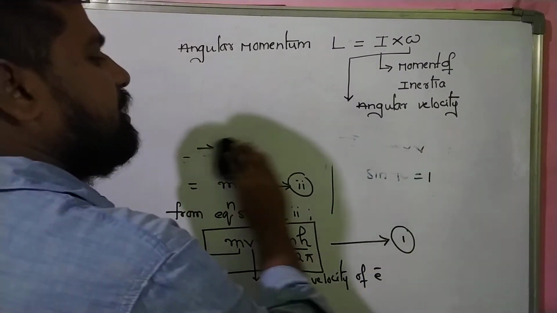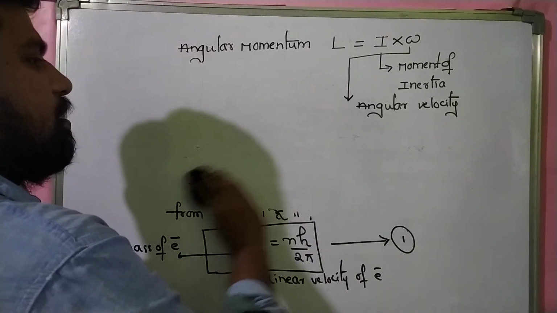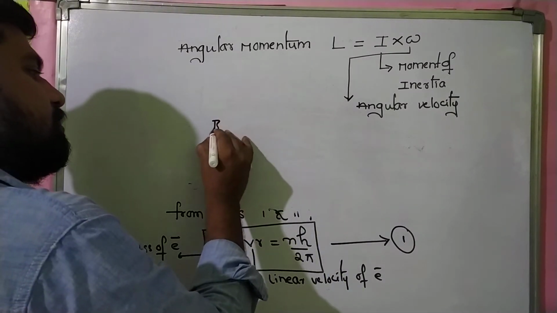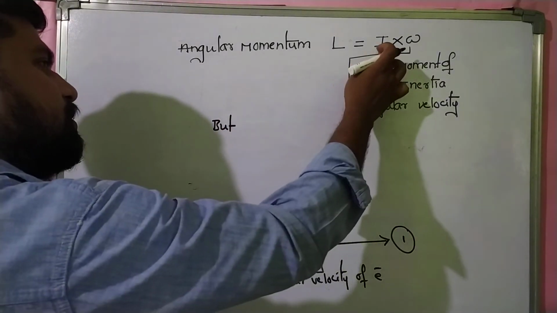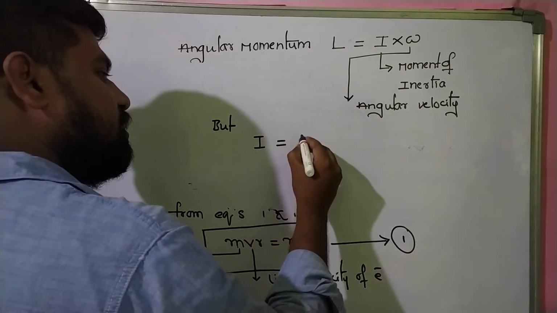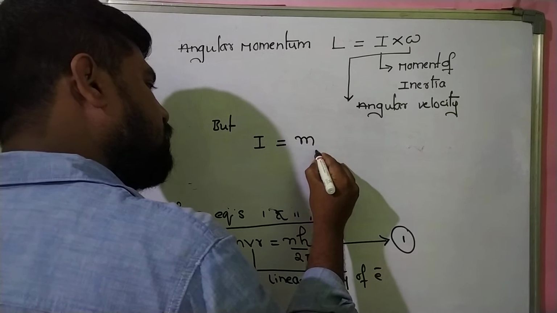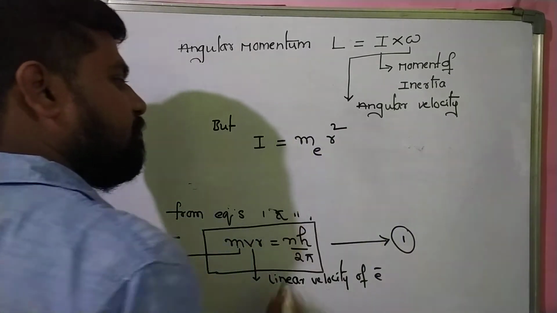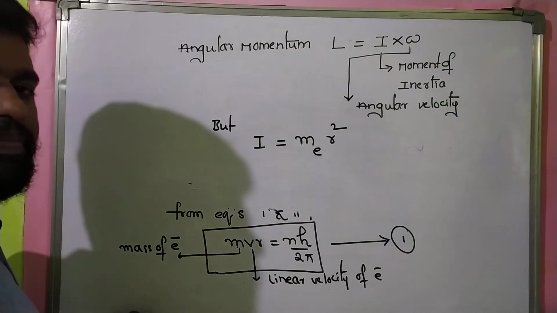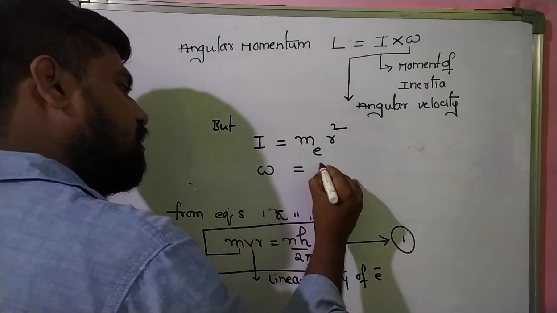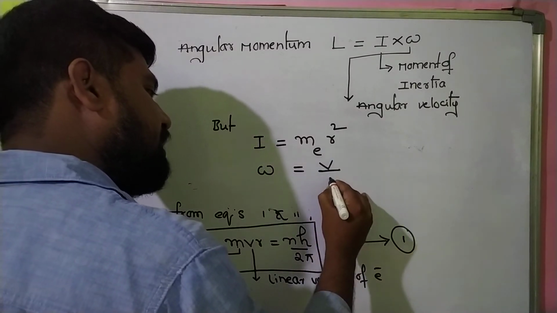But we know that moment of inertia I equal to mass of the electron into radius square, m r square, and also omega equal to velocity by radius.